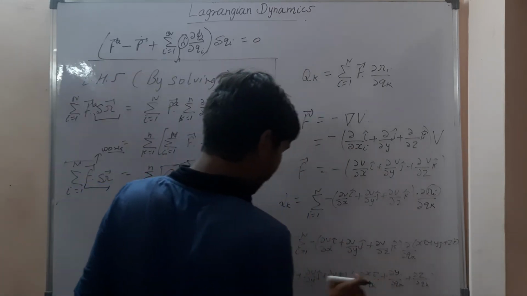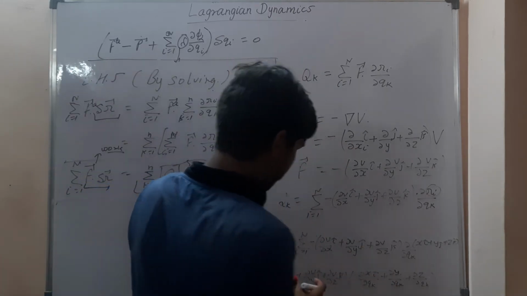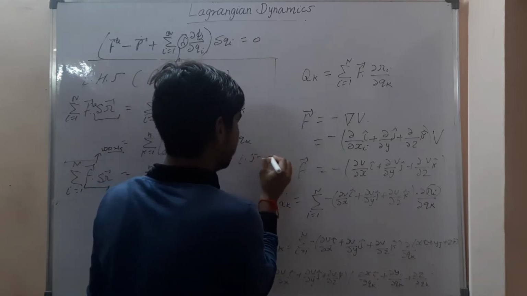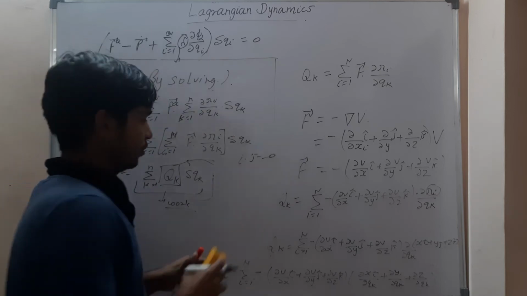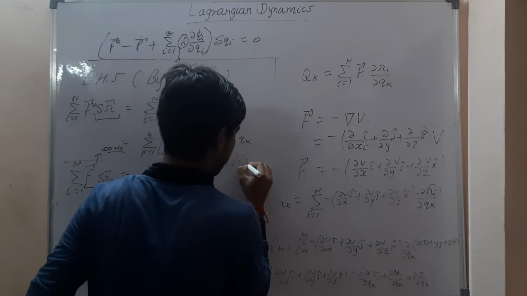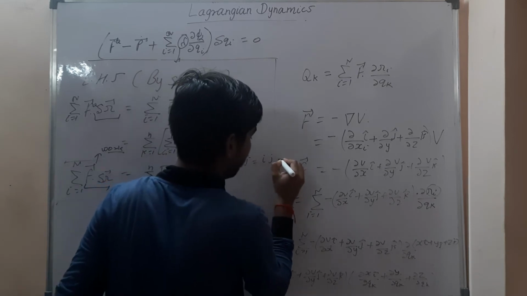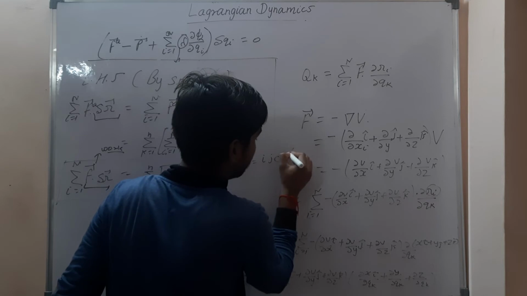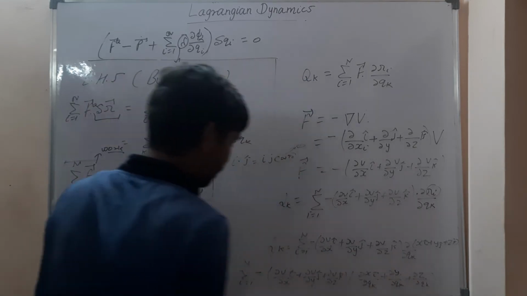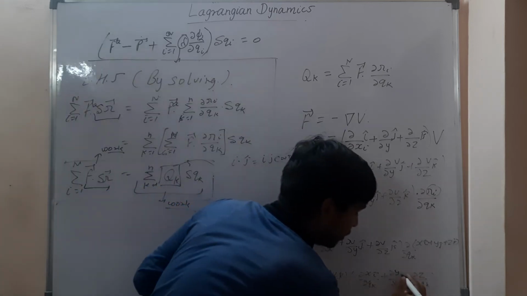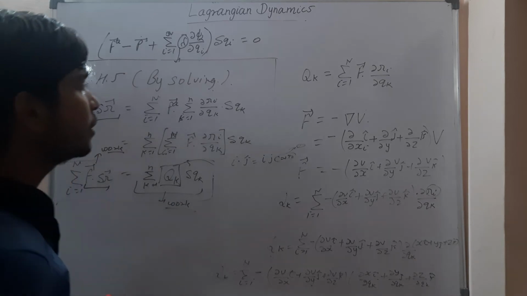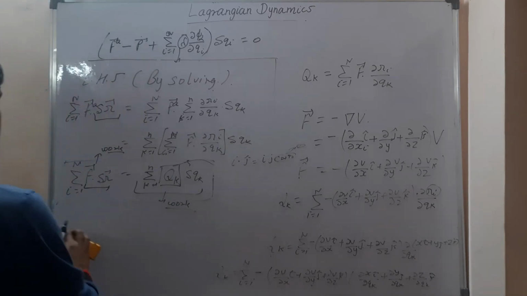Now this is a dot product, because j is perpendicular to i, so i dot j will be 0. It means a 90-degree angle, and cos 90 we know is 0. So this will be 0. So i will be multiplied with i, and j with j, k with k. So let me write it there, okay.